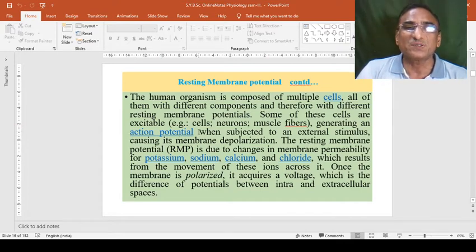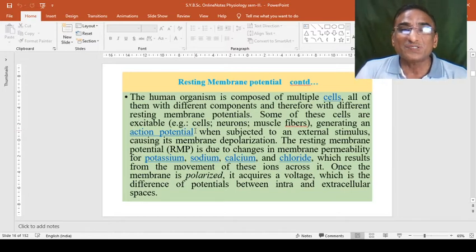This is also a new concept for you. Action potential is an activity which is carried out at the membrane of these excitable cells generally, and it also plays a key role in the movement of ions and chemical materials inside and outside the membrane.